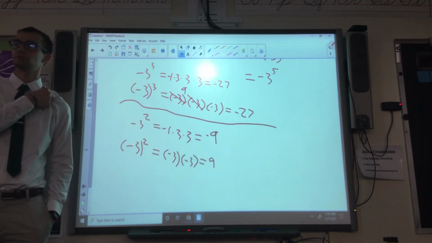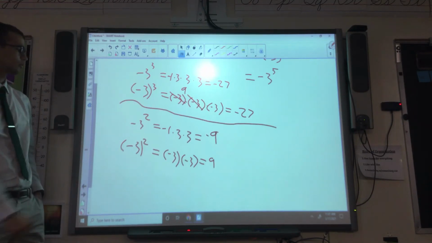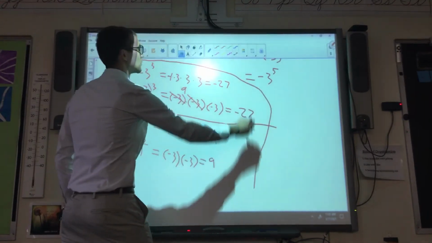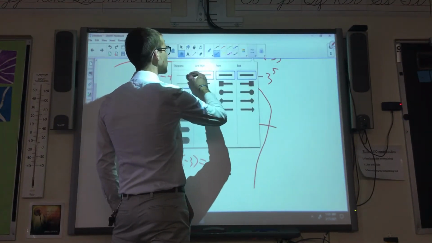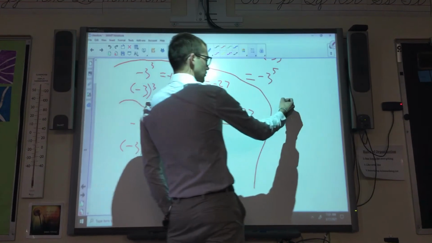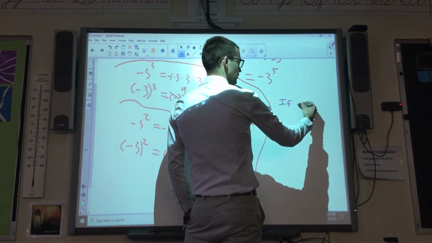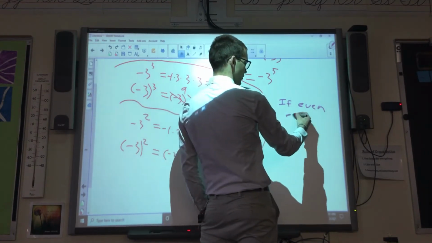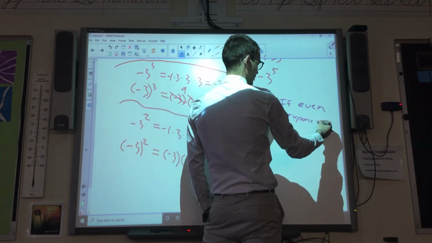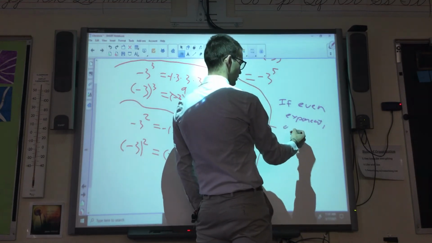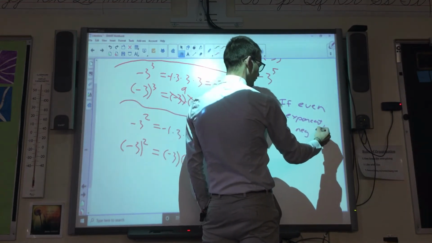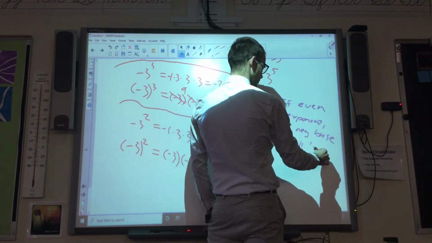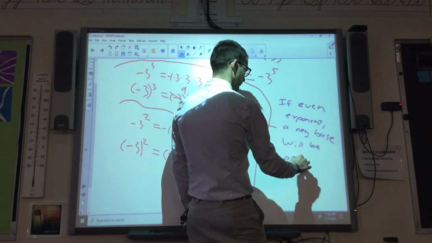Ladies, are we paying attention? Yeah, I'm writing it down. So really, what matters most: if even exponent, a negative base will be positive.